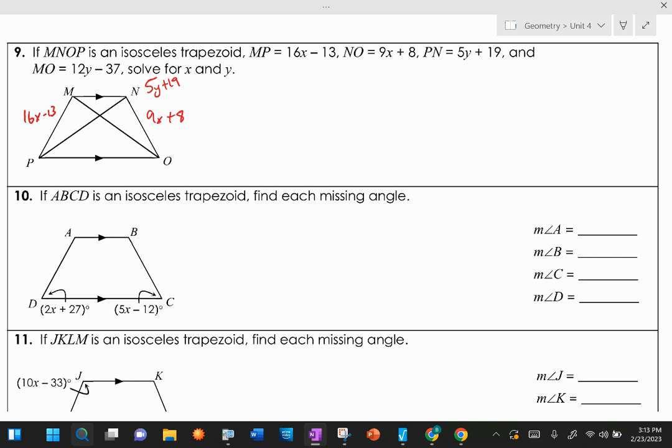MO is 12y minus 37. Okay, and I'm just going to point to here, 12y minus 37. Okay, look back up at the top of your notes on the previous page to identify what the relationship between the diagonals is. Go ahead and solve for x and y, please.